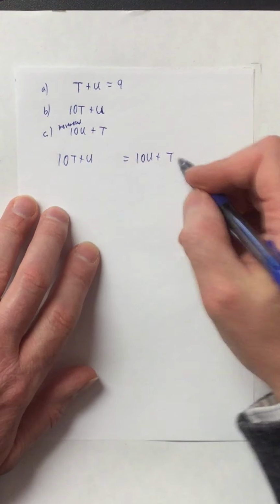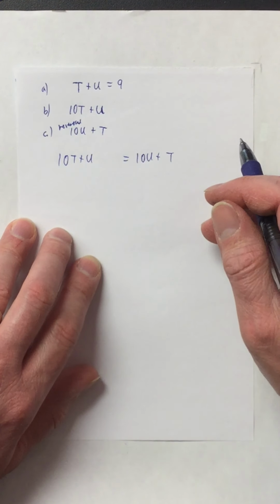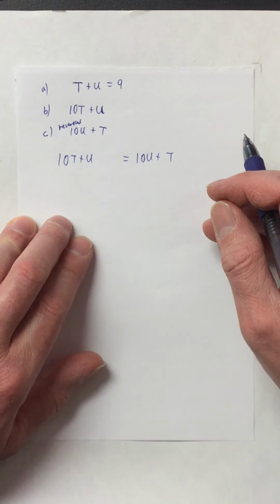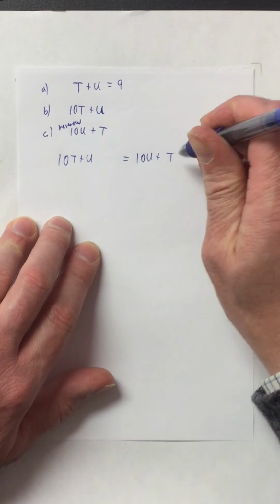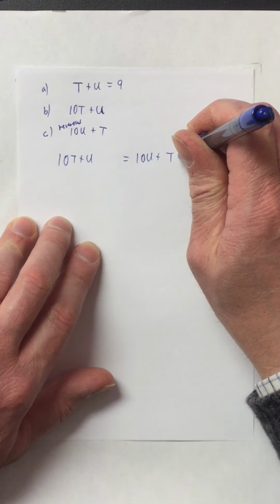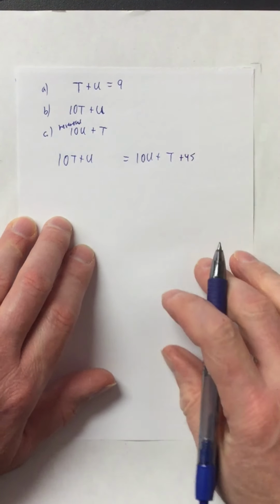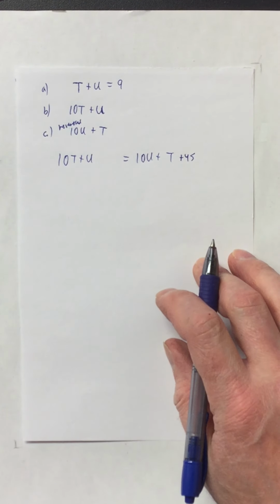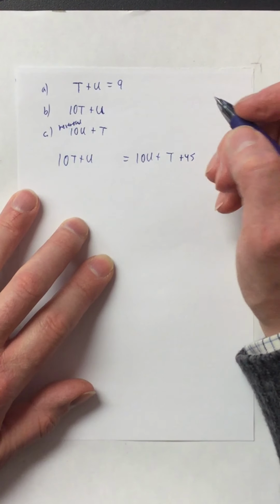All right, I know that's not correct right now because they tell me when the digits are reversed that the new number is 45 less than the original number. So this one here, my reversed, is 45 less. So let's add 45 to that one right there. And it brings it up, and now we do have an equal equation.